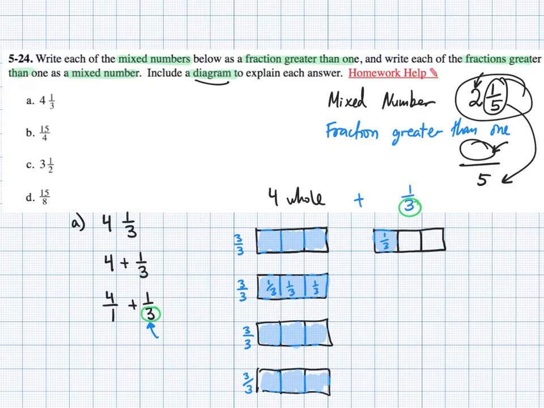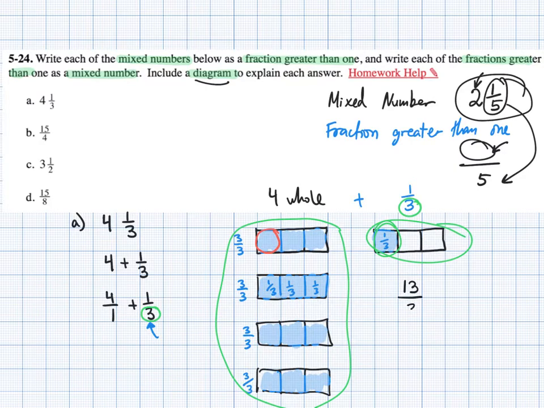Pause the video and count how many 1/3s we have all together. So I counted 12 over here, and then 1 more over here. So all together we have 13/3. So according to the picture, we have 13/3 as a final answer. So 4 and 1/3 as a picture is equivalent to 13/3.